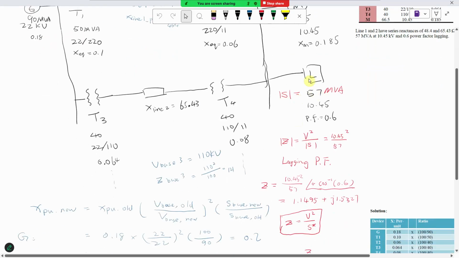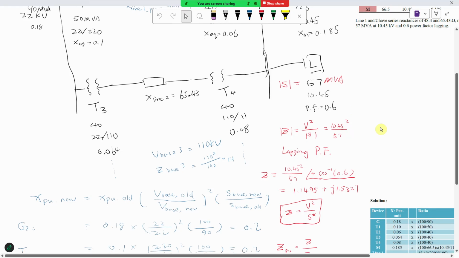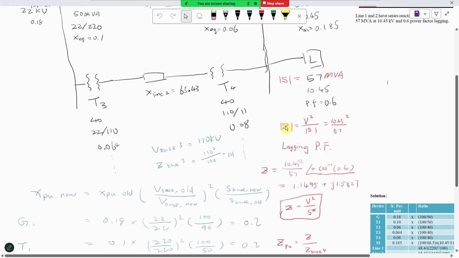And the load is a bit different. The apparent power is given, the voltage level is given, and the power factor is given as a lagging power factor. And the absolute value of Z equals V squared over S. Then we have this nominal voltage squared divided by 57.